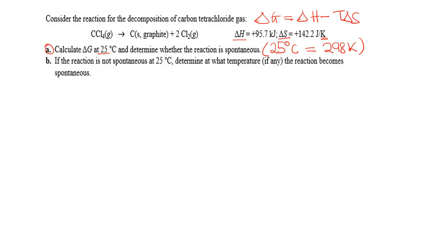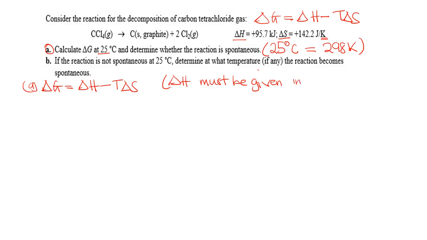For our solution for A, delta G is equal to delta H minus T delta S. Delta H must always be given in joules, or joules per mole in this case.